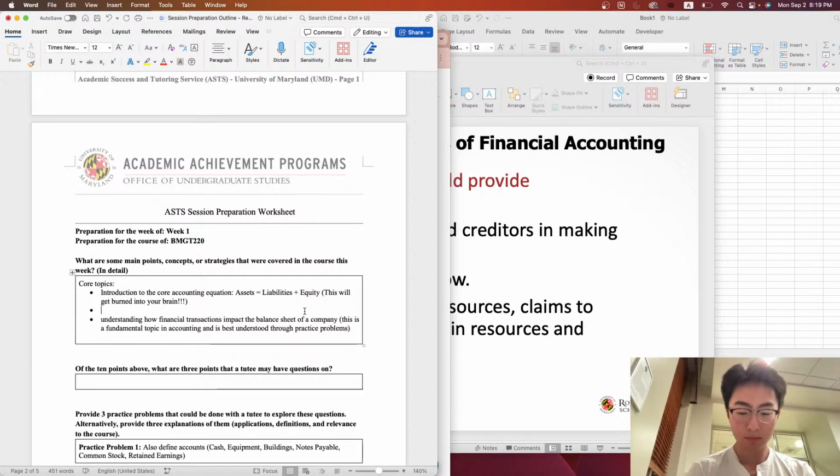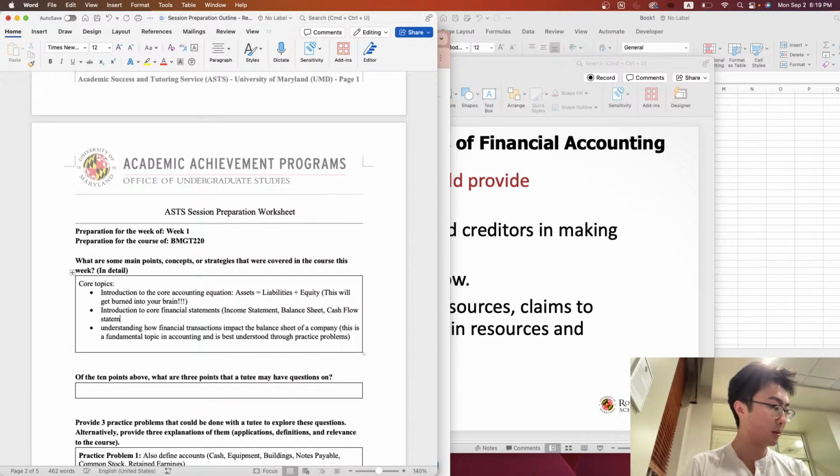Okay. And introduction to core financial statements. So this will be the income statement, balance sheet, cash flow statement.